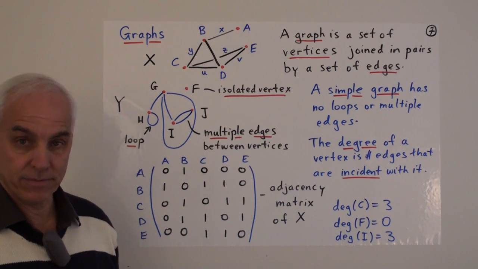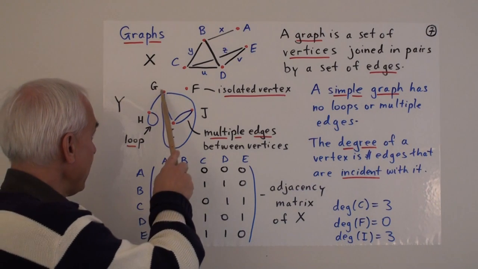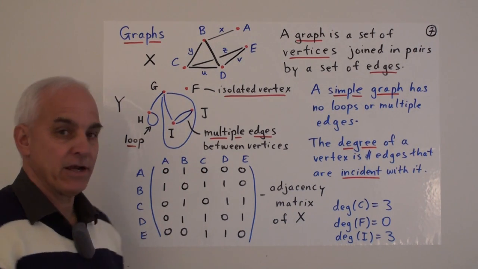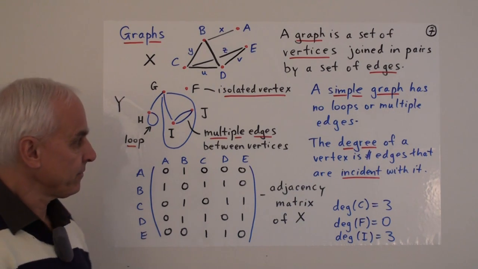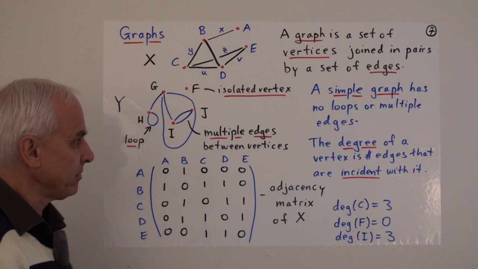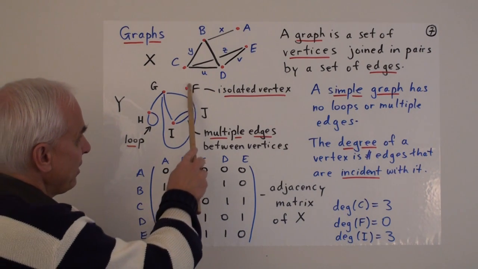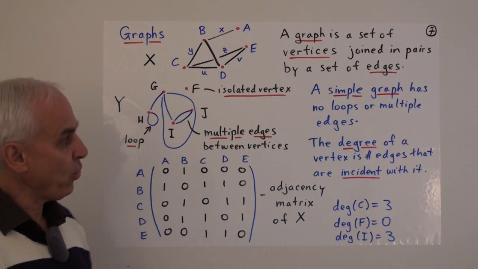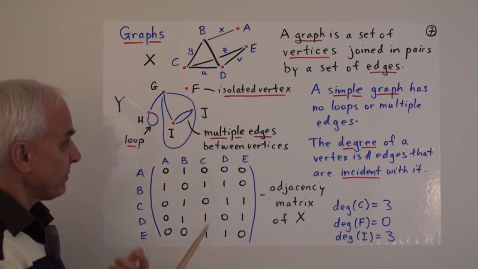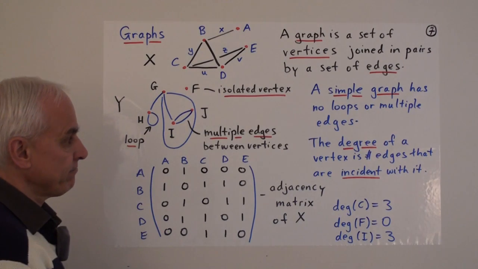That's also a loop. Here's an edge from G to I, and here are two edges from I to J. So are these kind of things allowed? Yes, they are allowed. Also, here is a vertex which isn't connected to any of the other ones, sort of an isolated vertex.